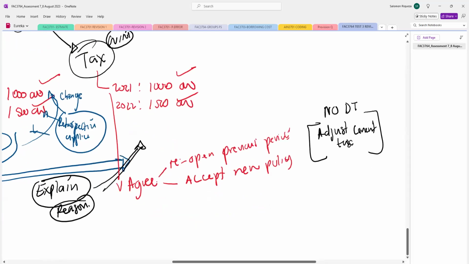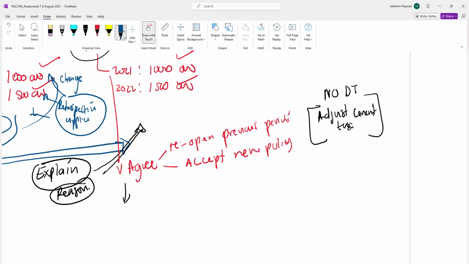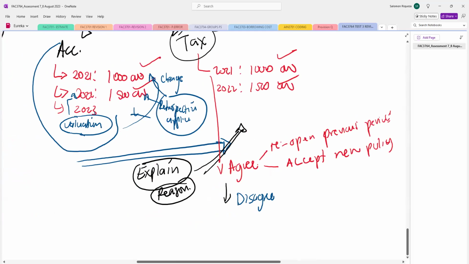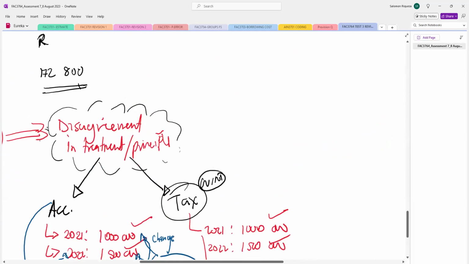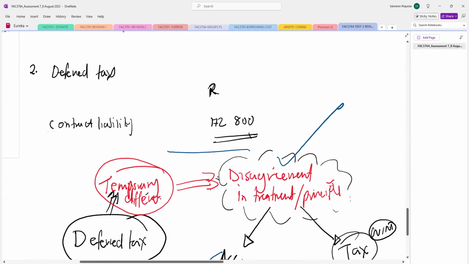But if SARS comes back and says, no, I'm not agreeing with your explanation, I don't see why you should change, I'm not going to change mine. So they disagree. The moment there's a disagreement, we come back here. What causes deferred tax? Disagreement. Then we go back to the process, temporary difference, then deferred tax.